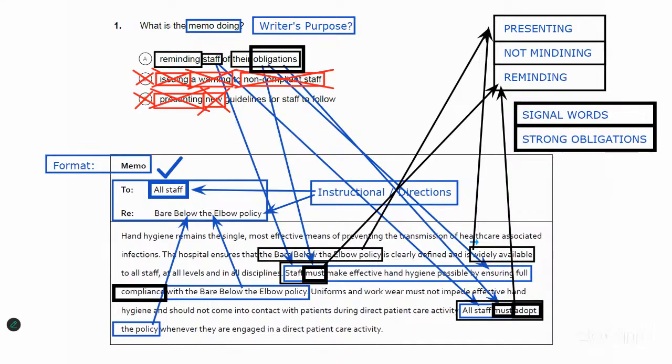So these are strong obligations. The signal words are must comply, must have compliance, then must adopt. Must means obligation.